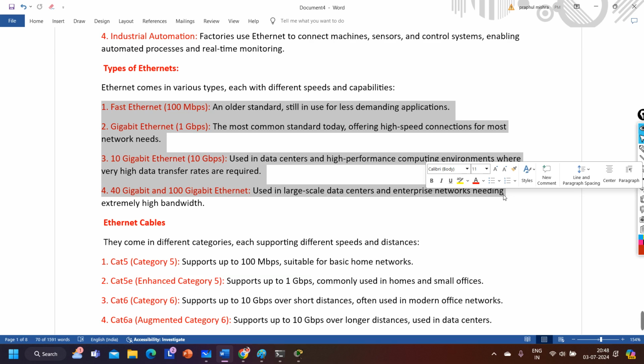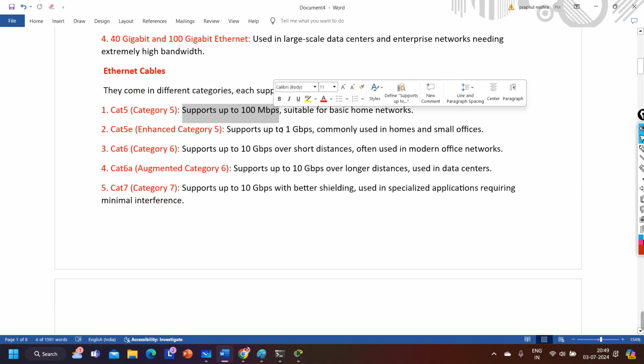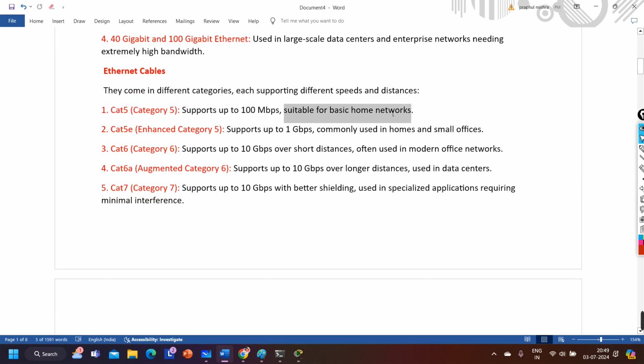Now Ethernet cable. Here are the types of cable. We have multiple types of Ethernet cable. Cat 5, category 5, supports up to 100 Mbps and is suitable for a basic home network. So in enterprises again we are not using Cat 5. Cat 5e, enhanced Cat 5, supports up to 1 Gbps, commonly used in homes and small offices.